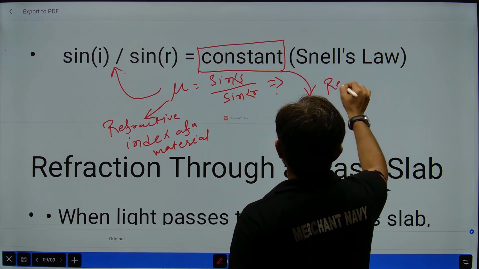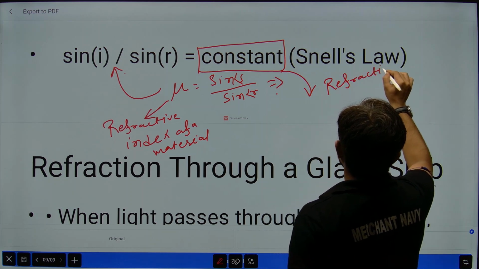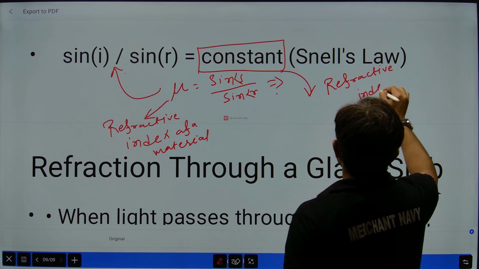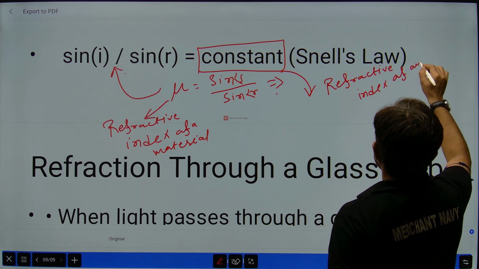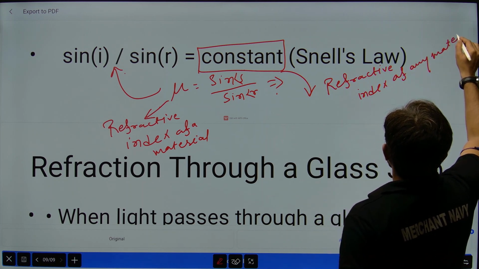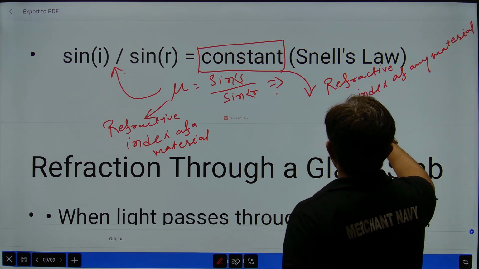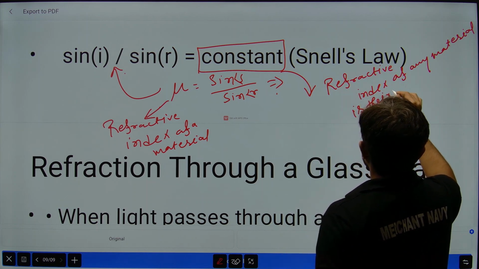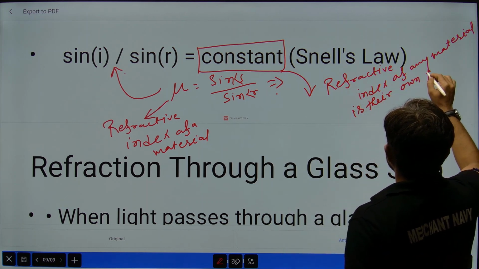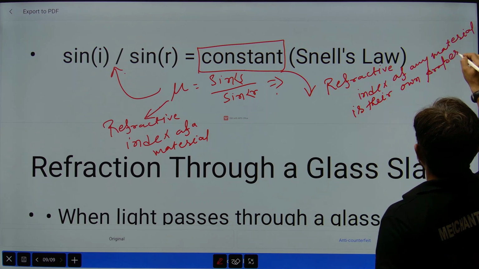So the refractive index of any material is its own property and is always constant.